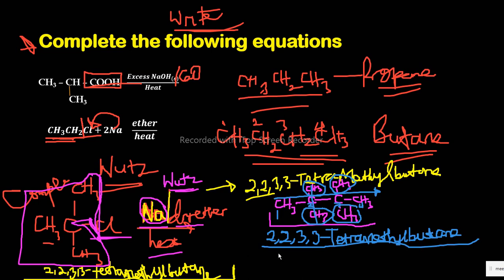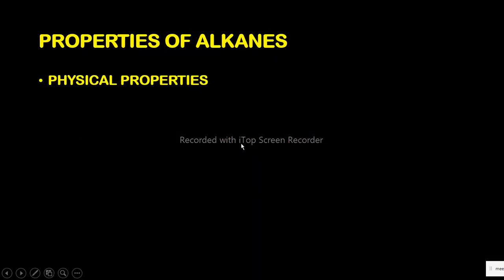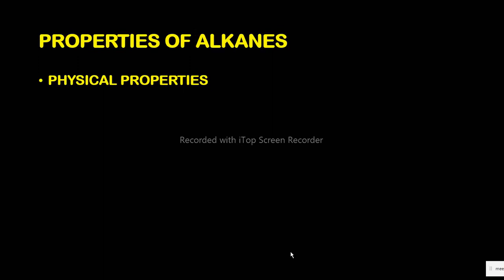So basically I'm going to erase everything on the screen, and we proceed to the properties of alkanes. With the properties, here we see how alkanes behave. Initially I was saying that alkanes are generally unreactive.